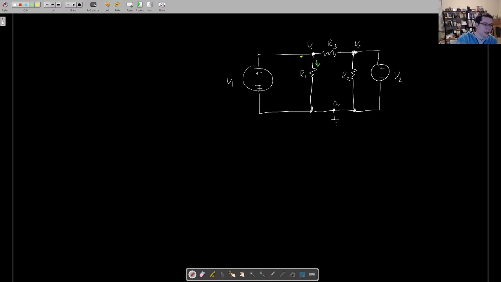So we actually get to ignore this one, and I'll show you how. If you do V1 minus 0 volts divided by infinity ohms, because that's an open circuit, V1 minus 0 volts divided by infinity ohms, plus V1 minus V2, which is on the other side, 0 volts, divided by R1.